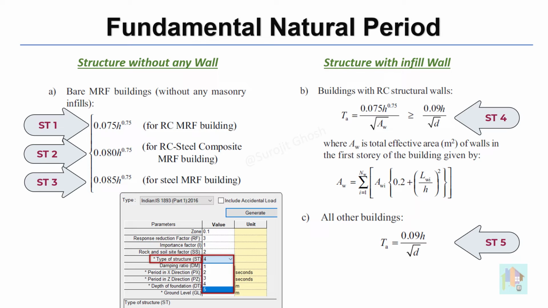When a value of the ST parameter is defined, the corresponding equation is used for natural period calculation. For example, ST1 means the first equation is used. ST4 means the equation for RC wall is used for fundamental period calculation. This parameter must be defined properly depending on the type of structure, else the time period and corresponding Sa/g value will be calculated incorrectly.